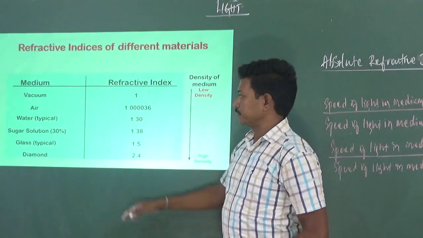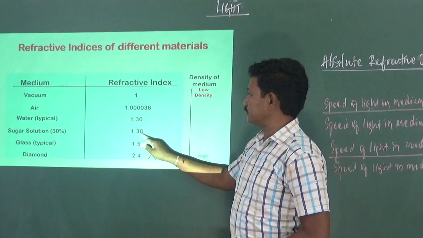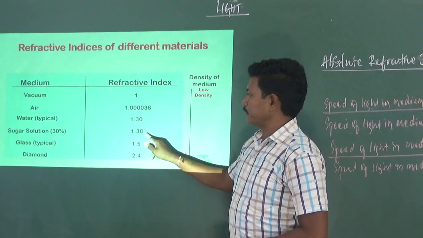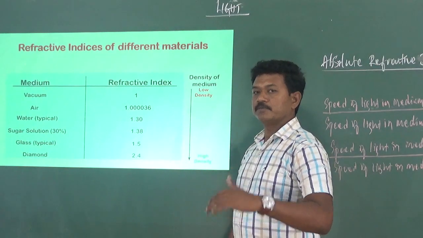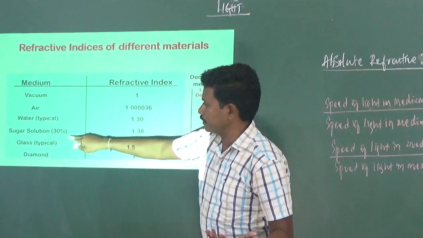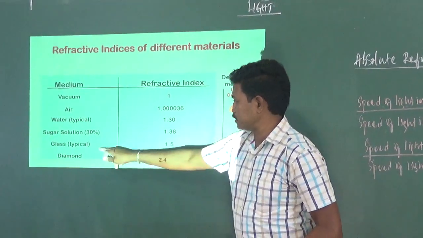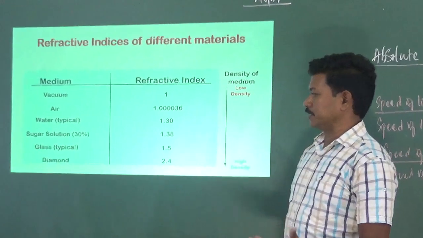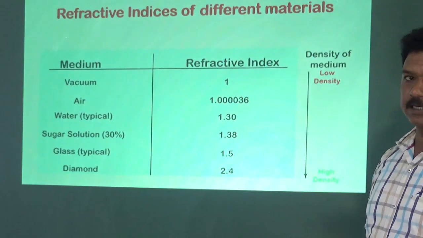Next is sugar solution which is 30% concentrated. It is 1.38. So what does it mean? The light can travel 1.38 times faster in vacuum when compared to sugar solution. Once again, glass is 1.5. The refractive index of glass keeps changing depending upon the type of glass.